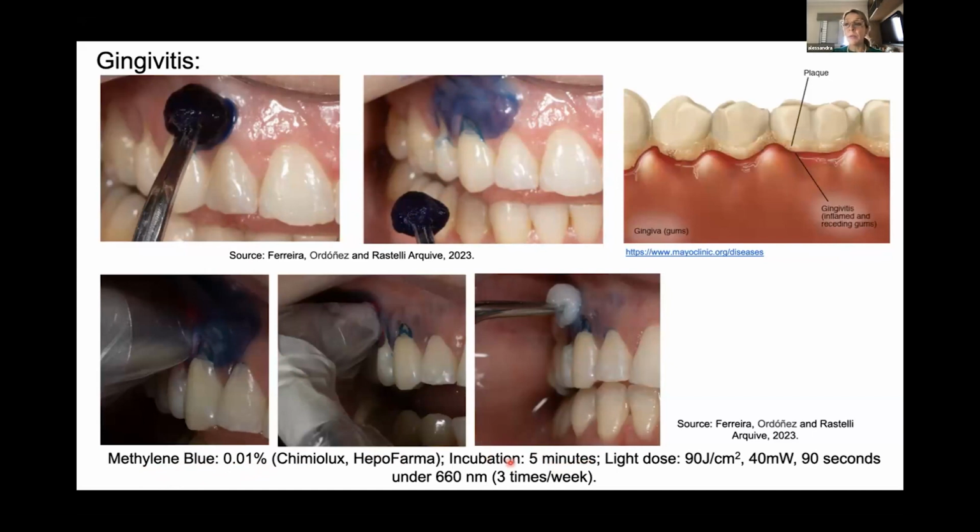Of course, the incubation time in dentistry is something very important. For dentistry purposes, it's nice to have shorter incubation times.